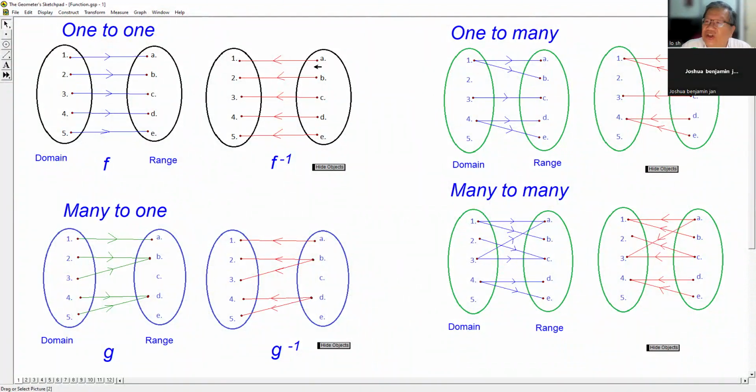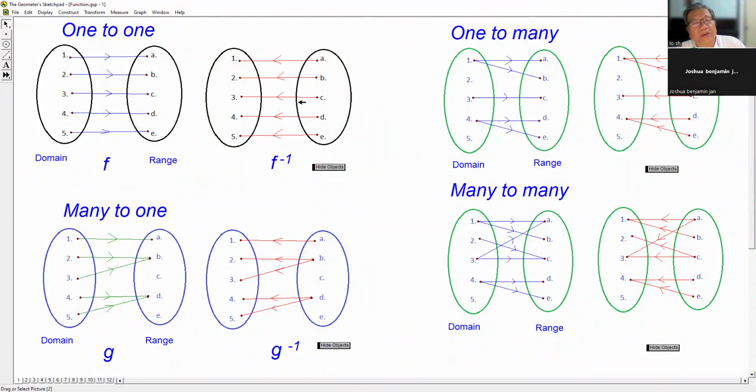So if there is such a formula, then that formula is called the inverse function.